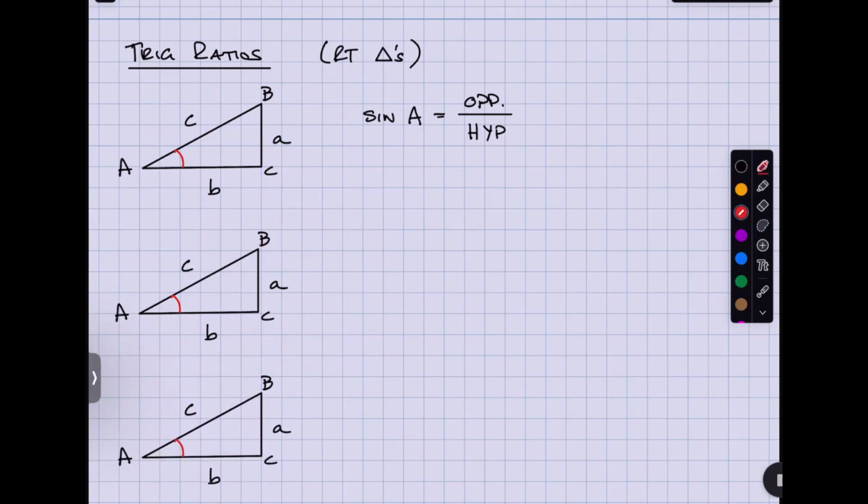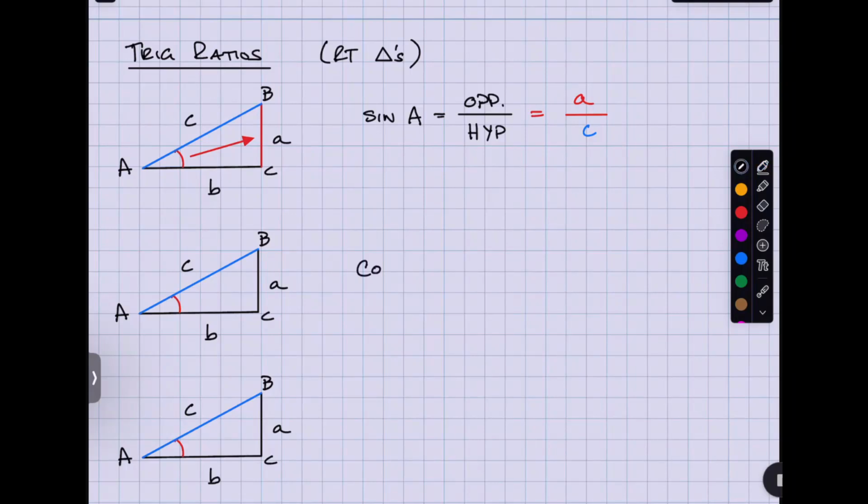The opposite would be opposite of that angle. Over the hypotenuse. So it'd be A over C.